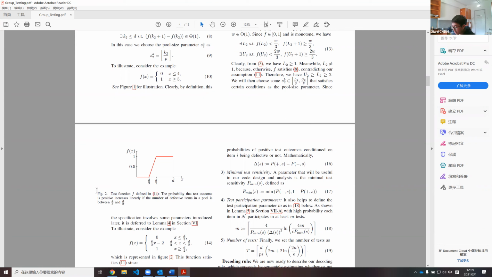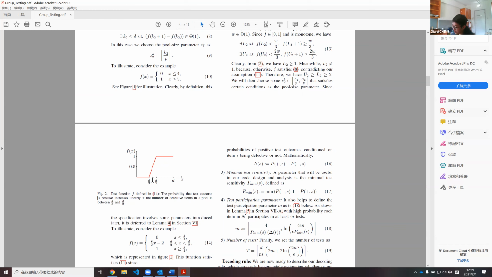In this figure 2, when the number of defectives in the pool is less than d over 3, the outcome is definitely negative. When the number is larger than d over 2, the outcome is definitely positive. When it is between d over 3 and d over 2, the probability of getting a positive outcome increases linearly.